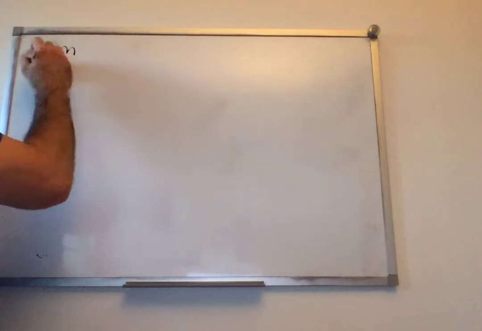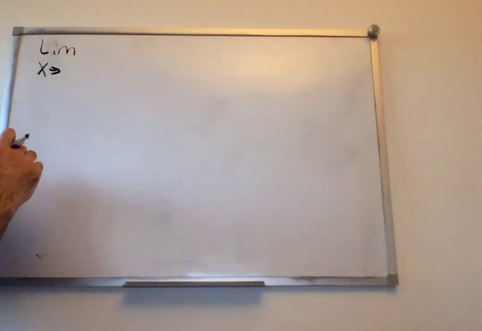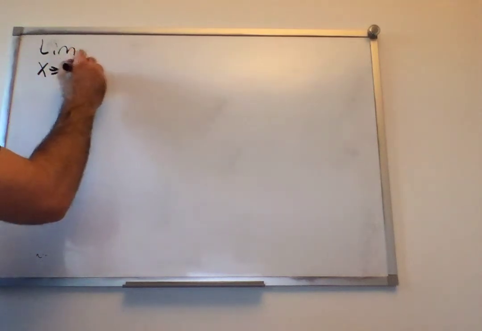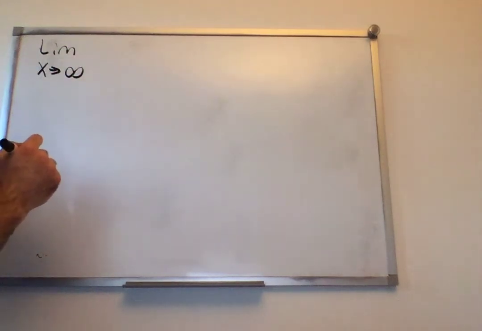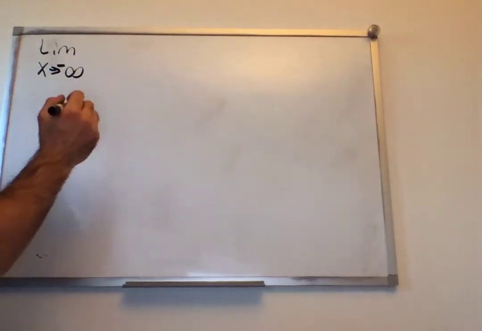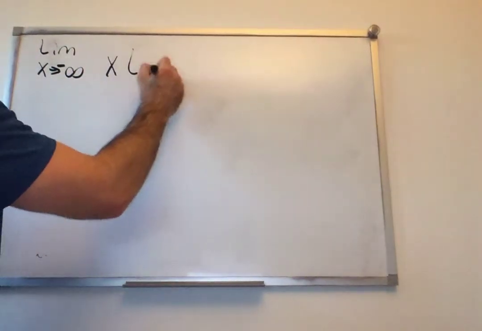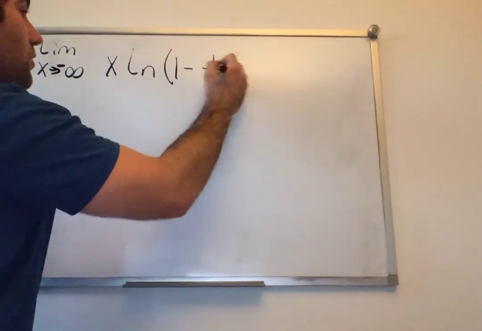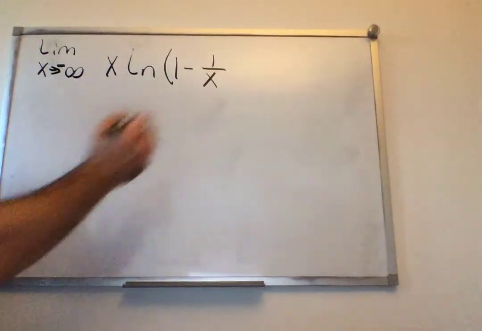Limit as x goes to, let's see, I think it should be positive infinity. I have a negative infinity in there. Or actually, no, it works with the negative infinity. There we go. x ln of 1 minus 1 over x.